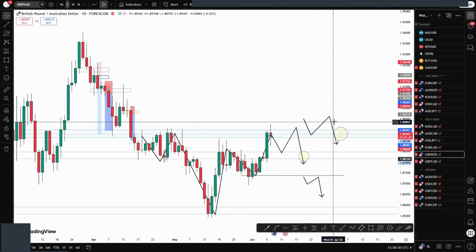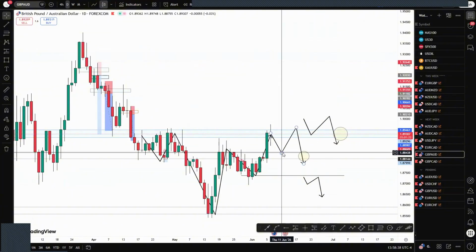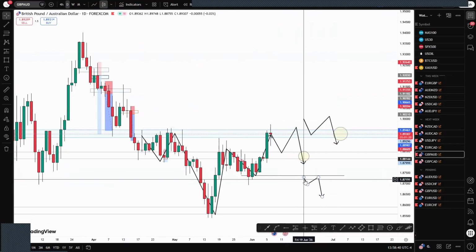GBP price is kind of struggling either to break above and then give you that lower high, higher low and higher high, or to just give you the higher low now and then shift and then new high then shift.